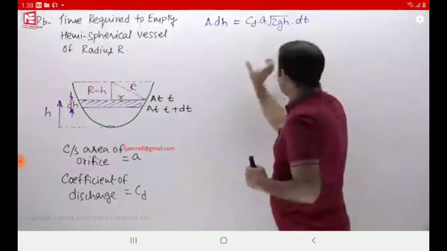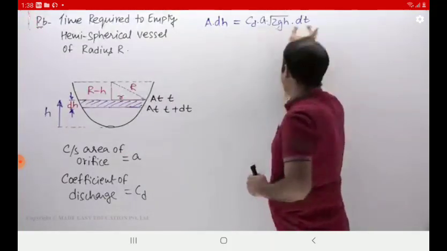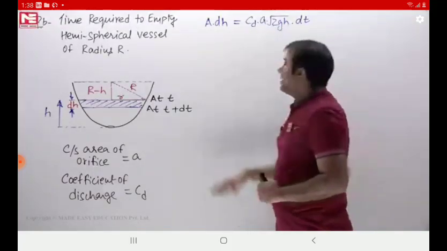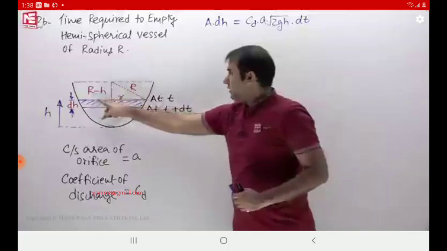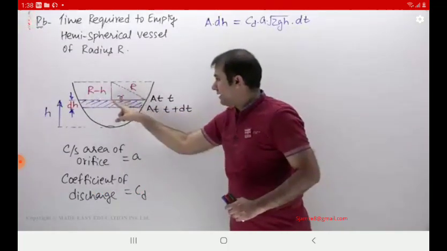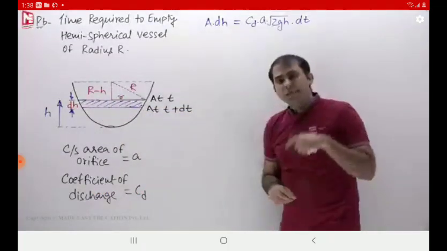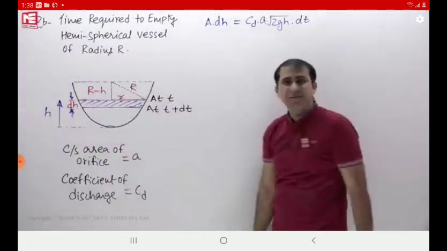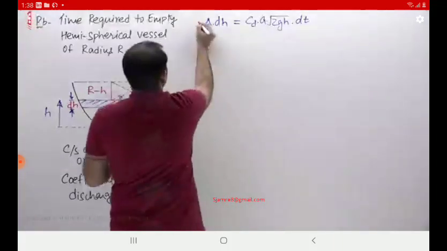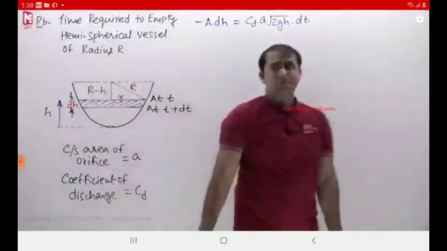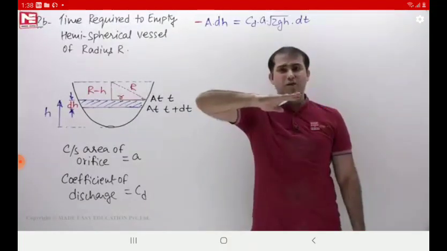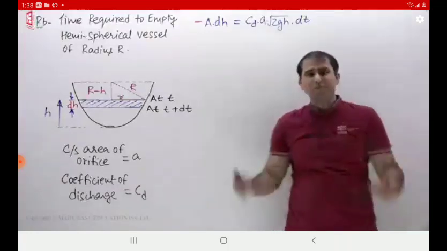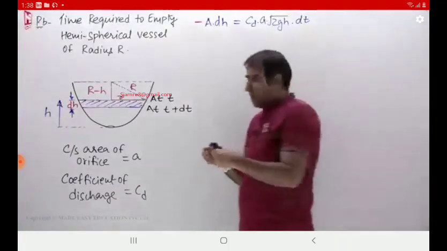I repeat, अगर आप यहाँ पर देखोगे तो यहाँ पर मैंने क्या लिख दिया, Q multiplied by dt, that means volumetric flow, and this volumetric flow is the same as area multiplied by dh. But with respect to time, this h value is going to decrease. So that's why negative sign here. Time जैसे बीत रहा है, h is going to decrease. That's why negative. Now the game over.